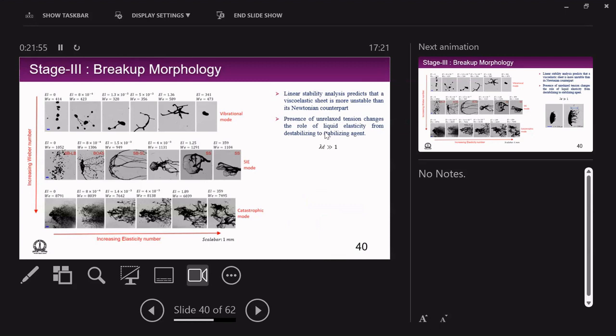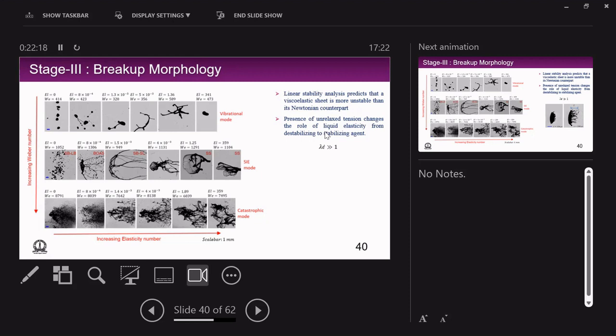However, the final topology, that means the breakup topology. So what I'm trying to say is that the droplet first deforms, then you have the cage waves, and then you have the RT waves. So this instability generation mechanism remains the same. But the output of that mechanism varies quite a bit. For example, as you go on increasing the Weber number, you get a lot of misty type of droplets.